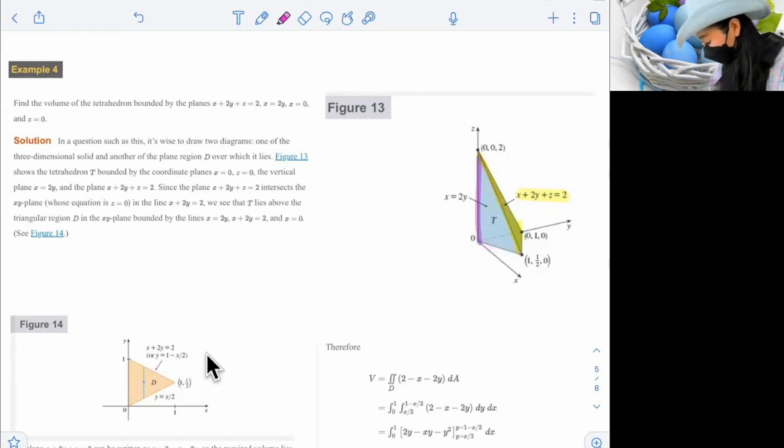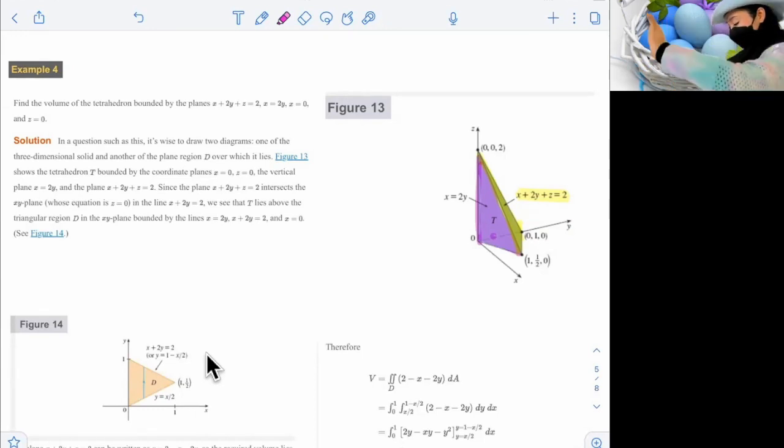This one here in front looks like the purple one in front. Should I choose a different color? Never mind. And x equal to 0.